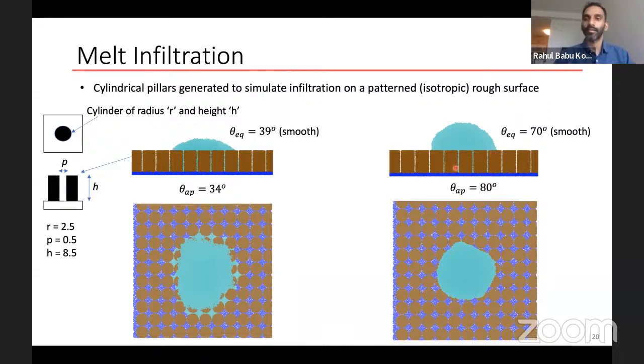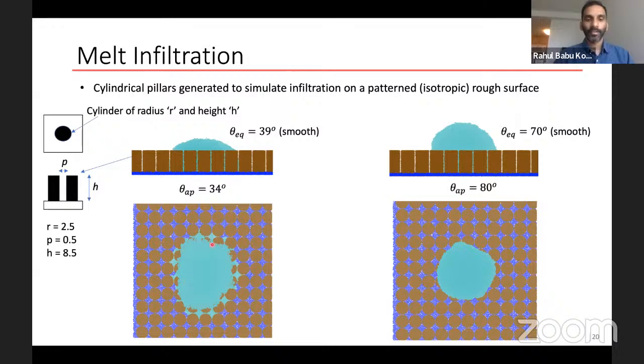So there is a Cassie-Baxter type effect here, but we don't see that in the shallow contact angle of 39 degrees, because as you can see here, this is the top view of the same image. The spreading is very non-axisymmetric.